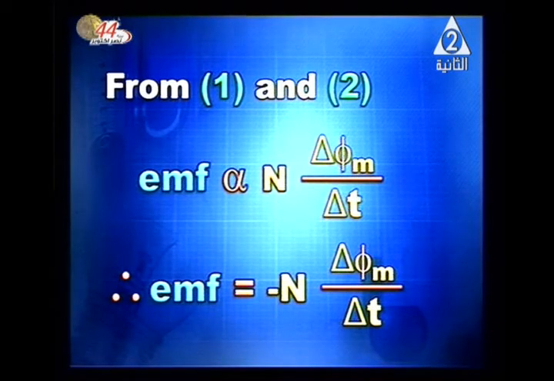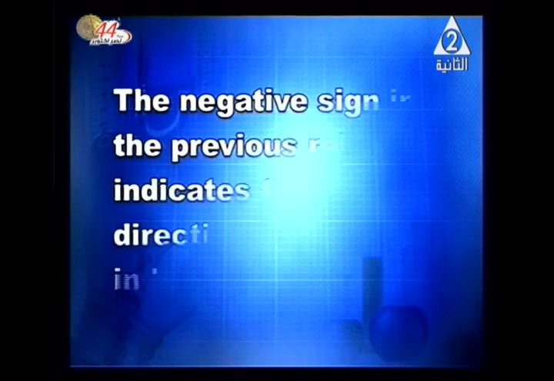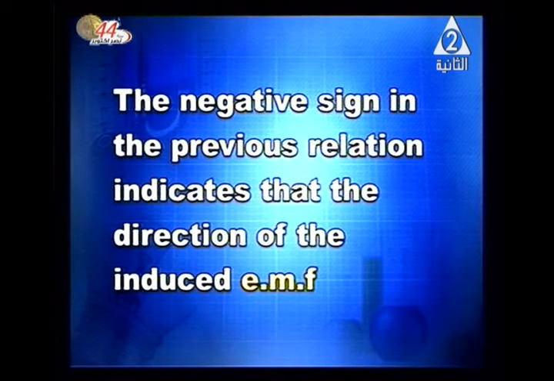You can observe something here, a negative sign. What does this negative sign indicate? The negative sign in the previous relation indicates the direction, this is very important, it indicates Lenz's rule.